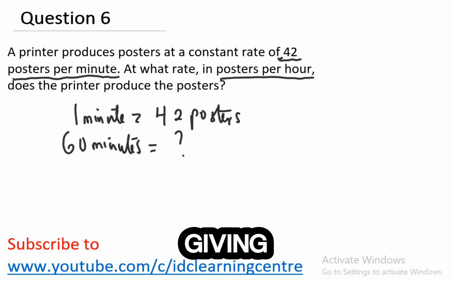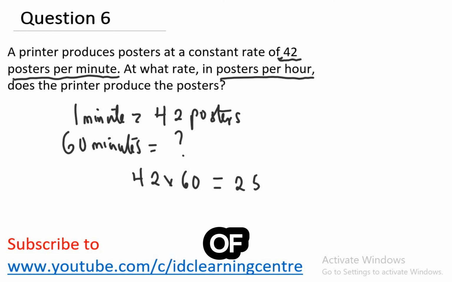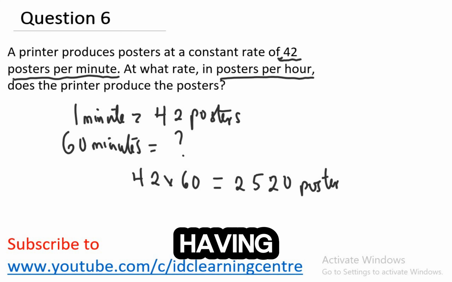Because we're given the posters for 1 minute and we're looking for the posters for more than 1 minute, we're going to multiply the 42 posters times the 60 minutes. And then when you multiply this together, you get a total of 2,520 posters. So in an hour, you'll be having a total production of 2,520 posters. I hope that is clear.